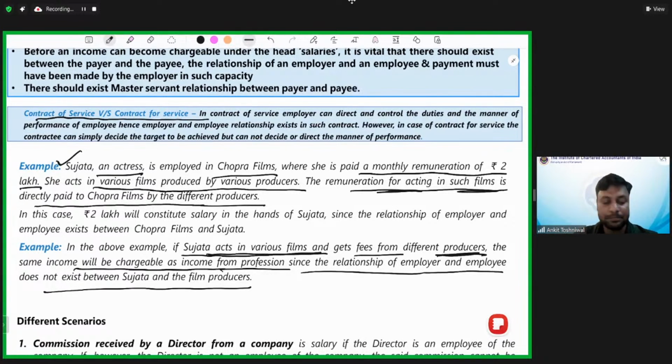Is it taxable under the head salary? Say yes or no. Why? Why no?